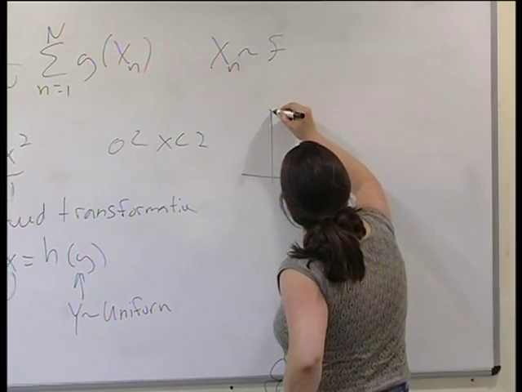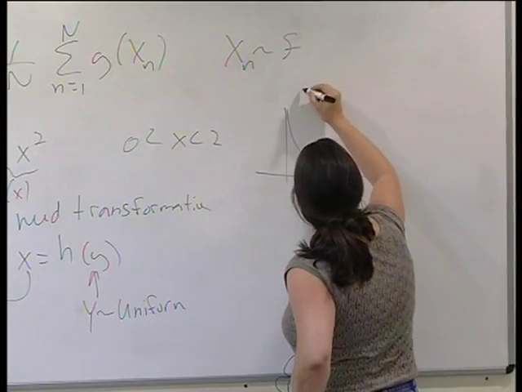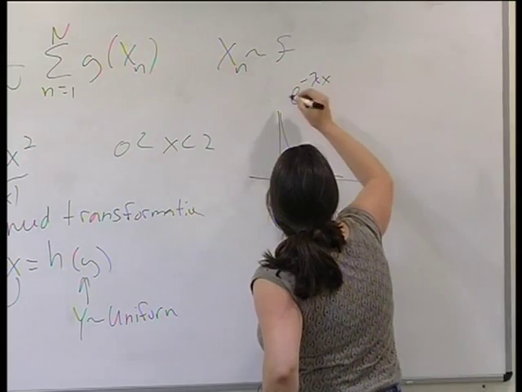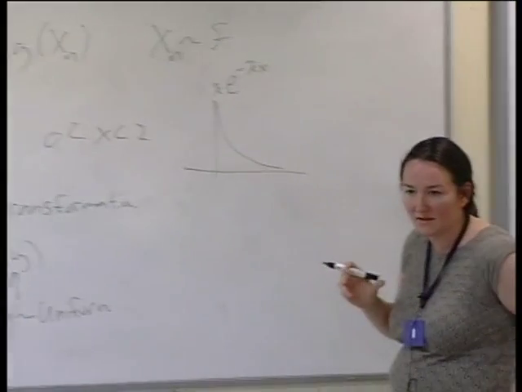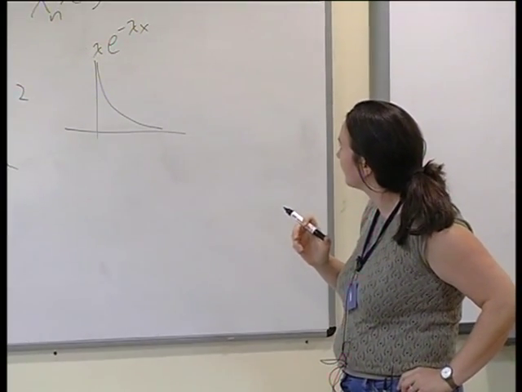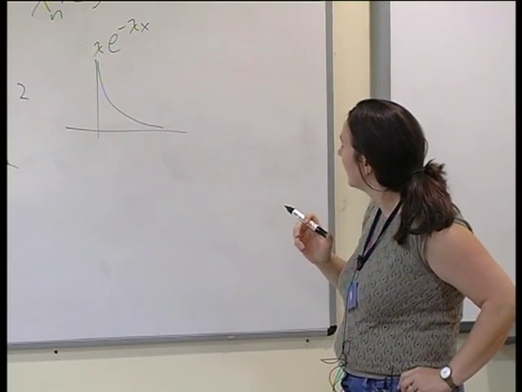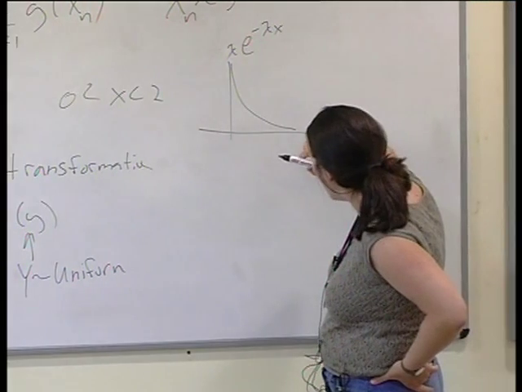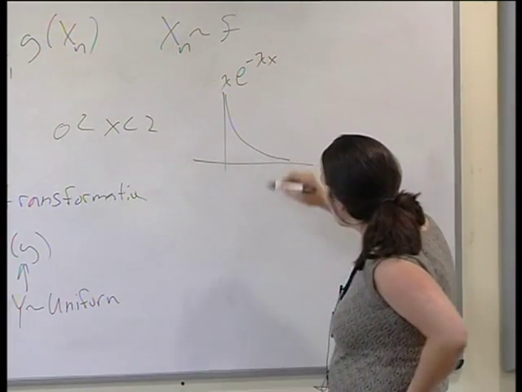Think of what you're doing. If this was our exponential distribution with a lambda of 1, remember what we're getting.